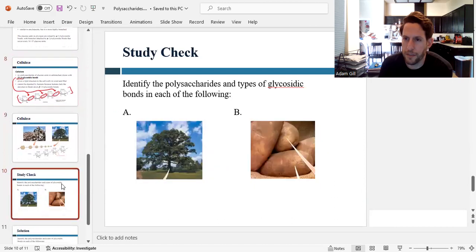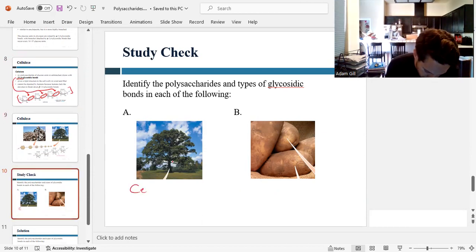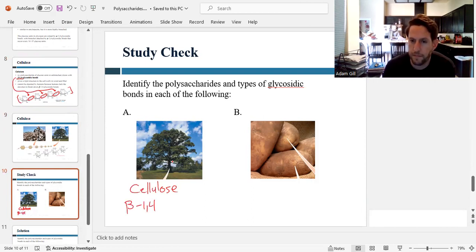Okay, let's do a study check. Identify the polysaccharide and the types of glycosidic bonds in each of the following. So a tree has wood, and so that's going to be cellulose. And the type of glycosidic bond in cellulose, as we just mentioned, is beta 1,4 bonds.